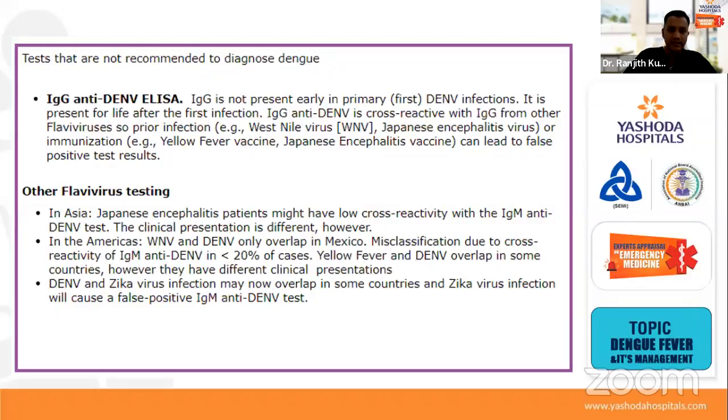IgG dengue ELISA is not present early; if the patient is getting a dengue viral infection for the first time, it is usually not detected. IgG dengue antibodies are cross-reactive with other flavivirus groups.